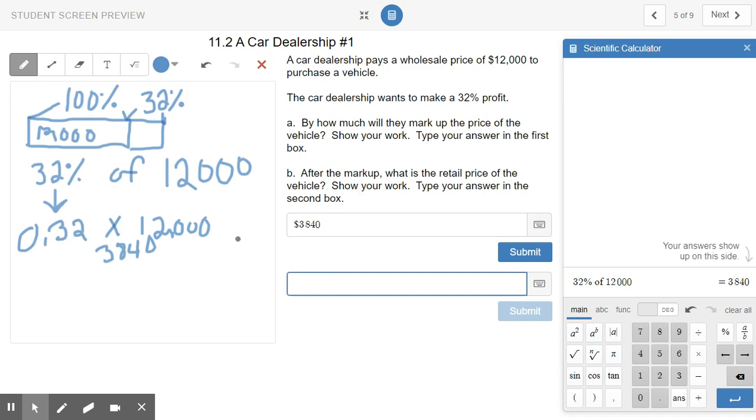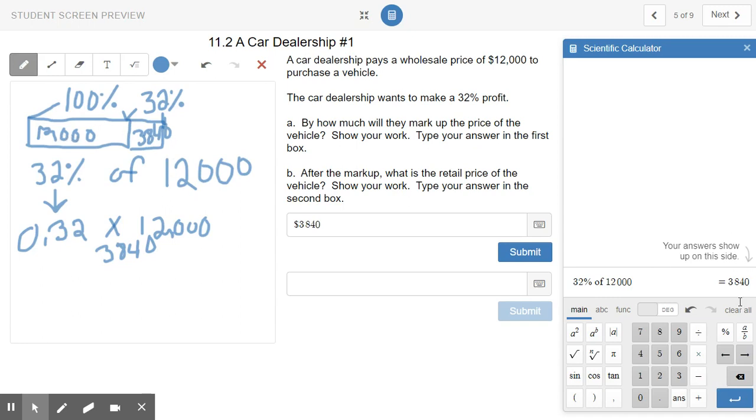The second question is asking, after the markup, what's the retail price? So the retail price always includes the original wholesale amount plus the markup. So if this amount is 3,840, we're being asked to find the total with the wholesale plus the markup.